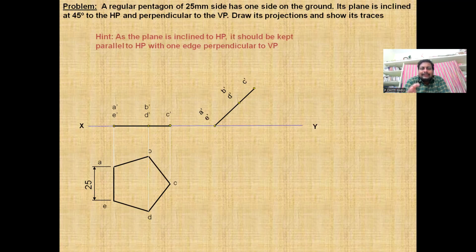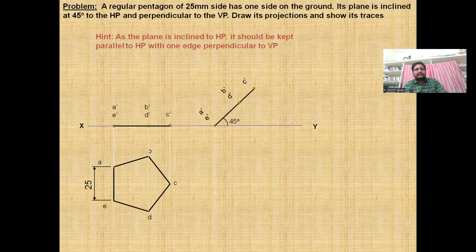The plane is inclined at 45 degrees to the HP. The inclination will appear in the vertical plane only, right? Now project all the lines. Project vertical lines.